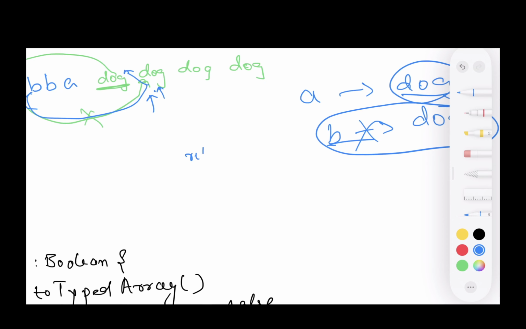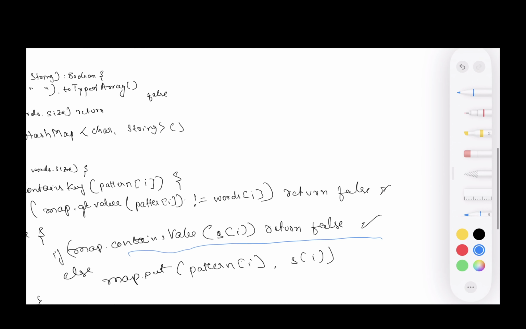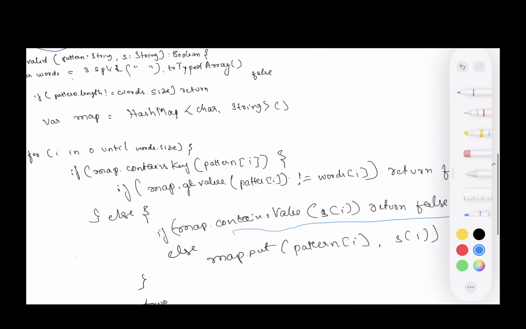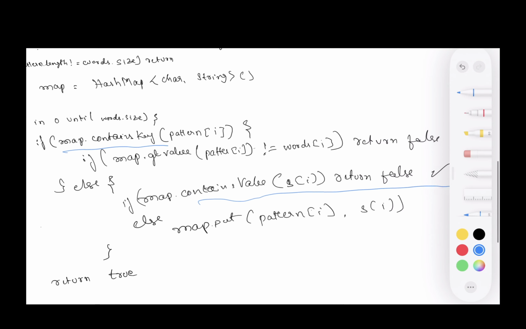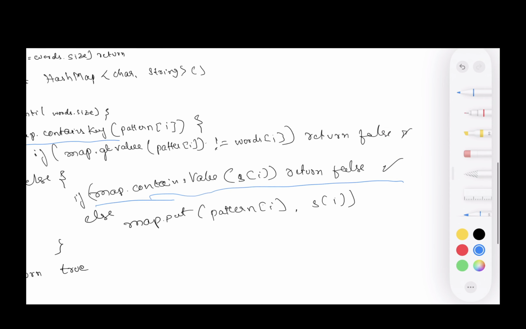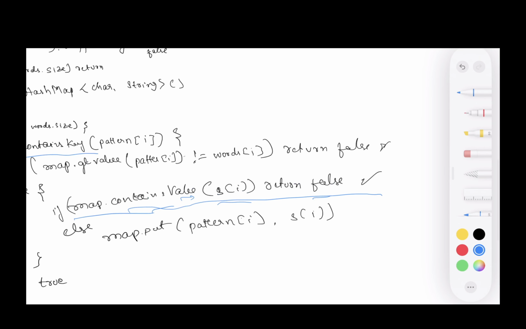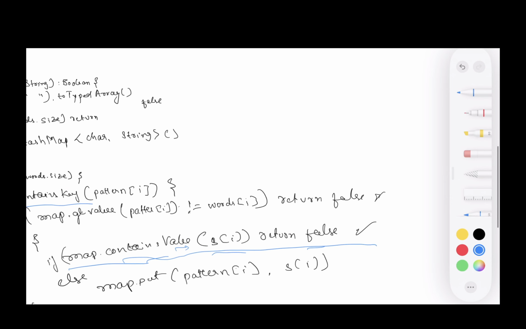So if that exists and the key is different here, the keys are different, the value is the same. If the key is the same, definitely it goes to the earlier line, correct? When the key is not the same and it comes to this else condition, and we check the value, if the value already exists, immediately we can return false.